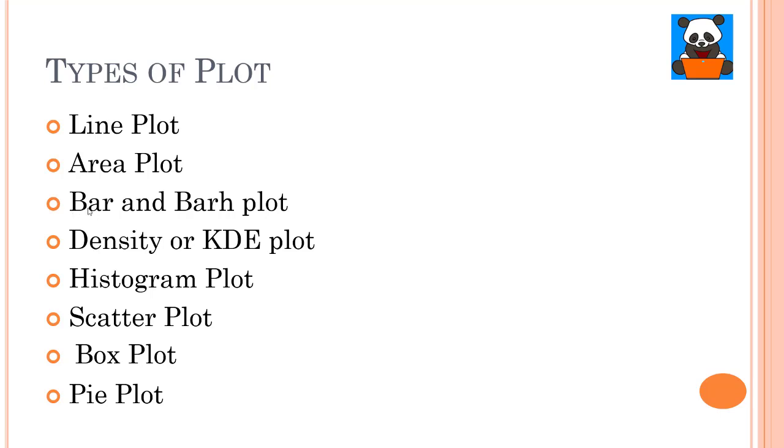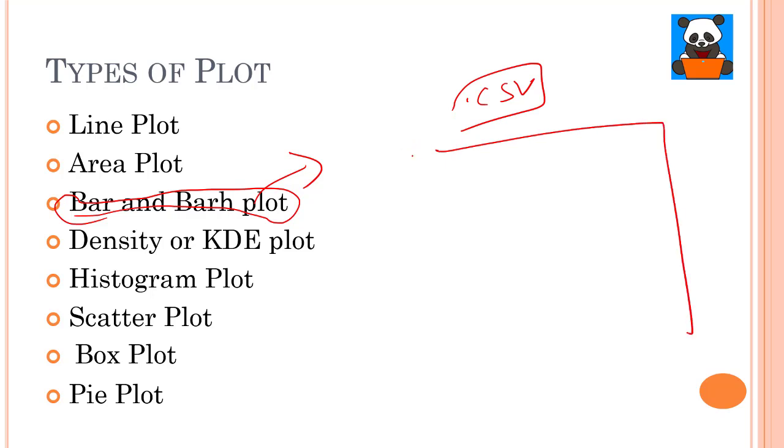Let's move to the third plot, bar, or we can call it barh plot. This is a similar way of plotting to what we did for line and area. Here also we use a .csv file, student.csv, and this is my frame because the plotting will be in a frame.